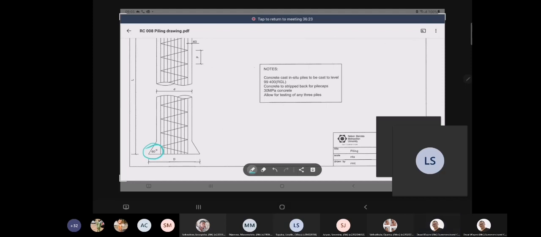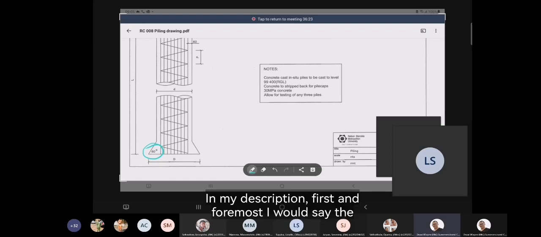So, starting out, we would indicate in my description, first and foremost, the following: 14 number augured cast in situ reinforced concrete piles.